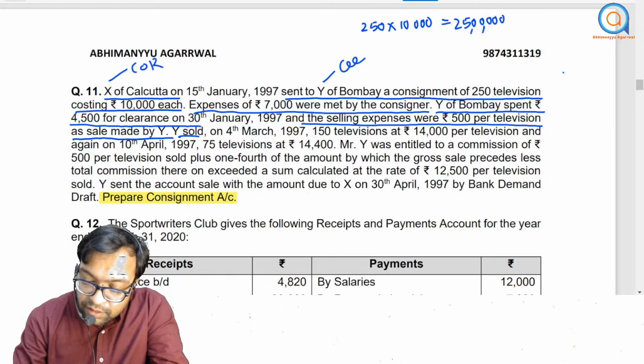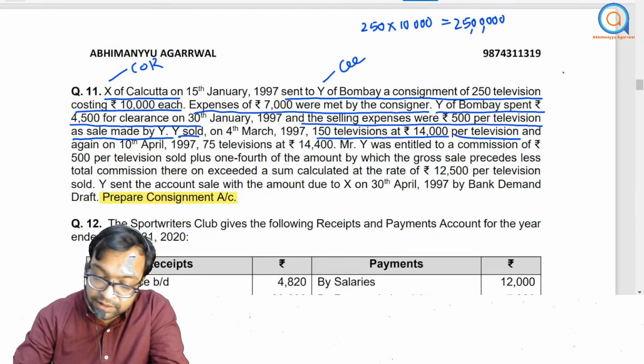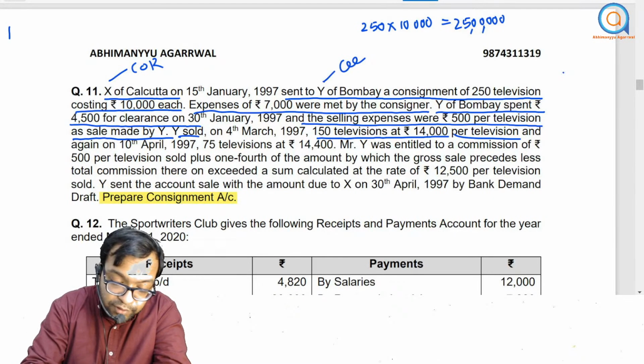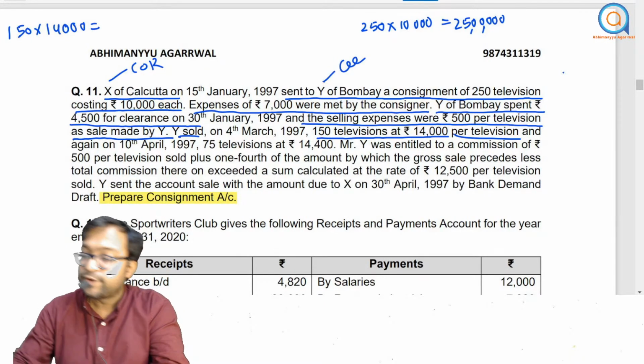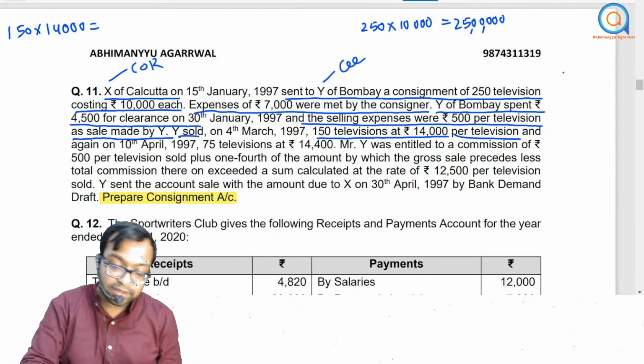Y sold 150 televisions at 14,000 per television. So what is the value? 150 multiplied by 14,000 is 21 lakh, the sale value.